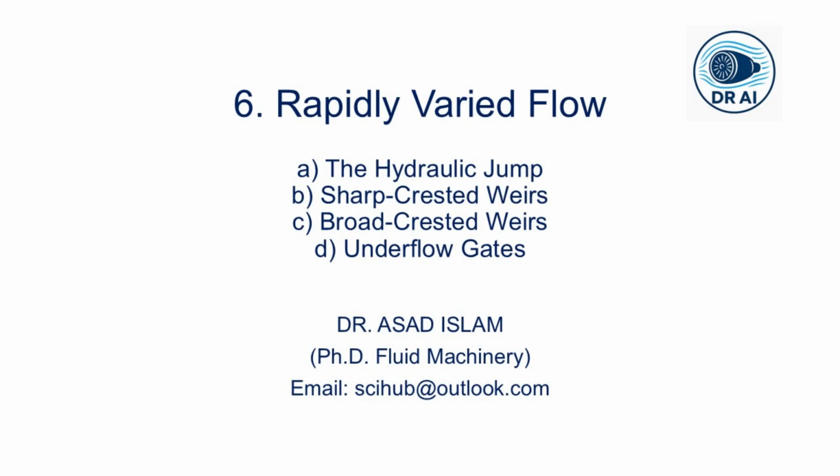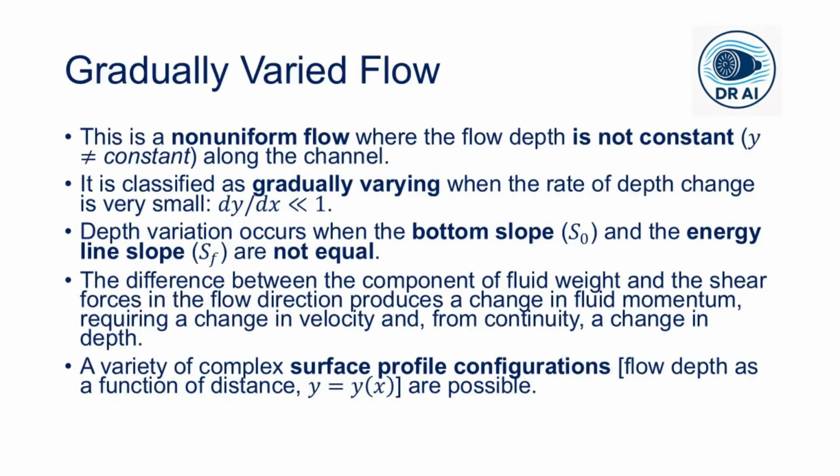So let us recap what we have studied up till now. We introduced gradually varied flow as the natural extension of uniform flow, where the depth changes slowly along the channel. We also derived the governing equation, dy/dx equals (Sf minus S0) divided by (1 minus Froude squared), which shows how the competition between friction and gravity, mediated by the Froude number, controls the water surface profile.